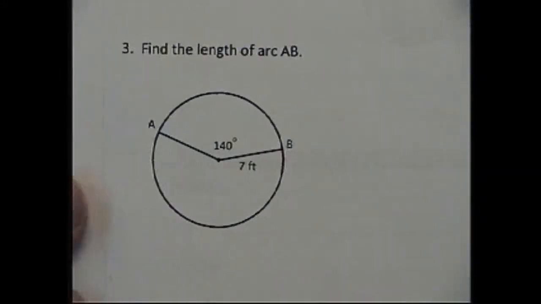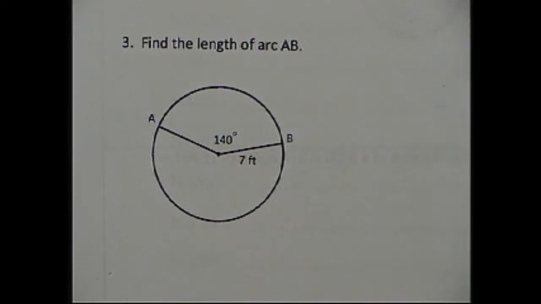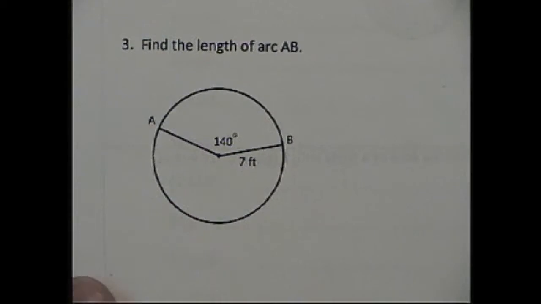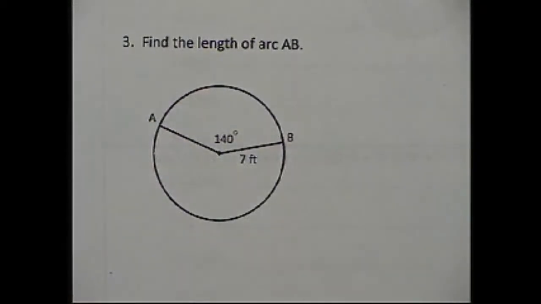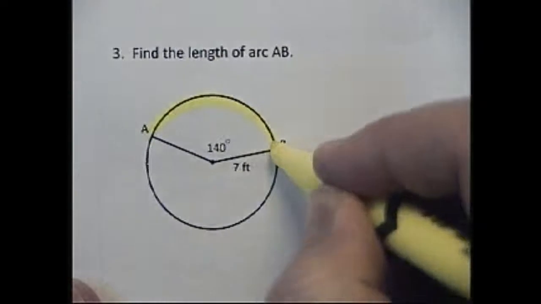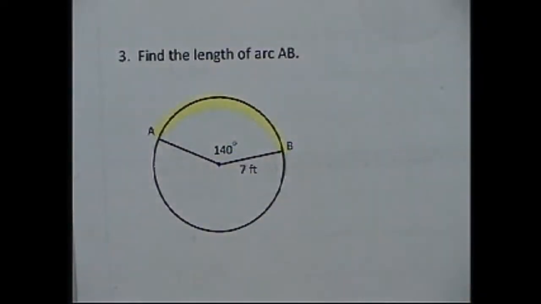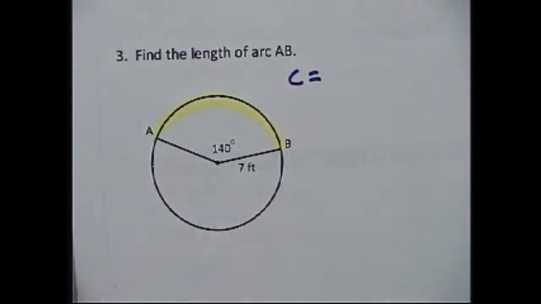So, good practice finding the whole, because that's what you will need to do in order to find a part. You have to figure out how much of the circle, and then what is the length entirely around, or what is the area entirely around the circle. Here we are trying to find the length of arc AB. When I see that word length, I automatically think circumference. And that is the first thing that I would do. Find the circumference. C equals.